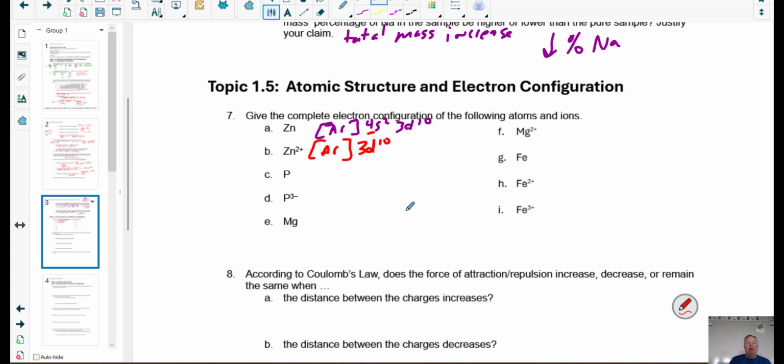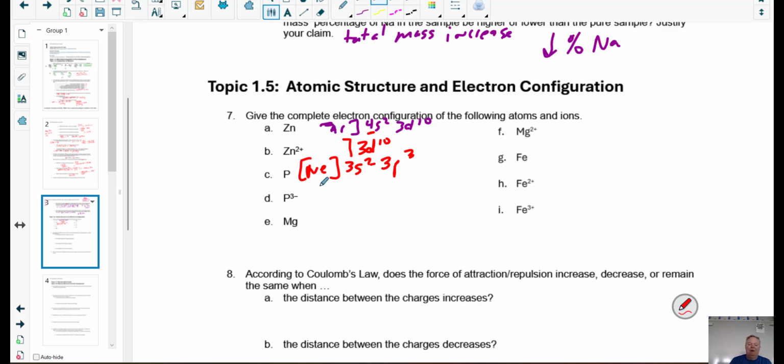Vice versa, and I'm only going to do a couple. Phosphorus, I know, is element 15, and it's in the 3rd column. If I was going to do phosphorus, it would be neon, and then 3s2, 3p3.